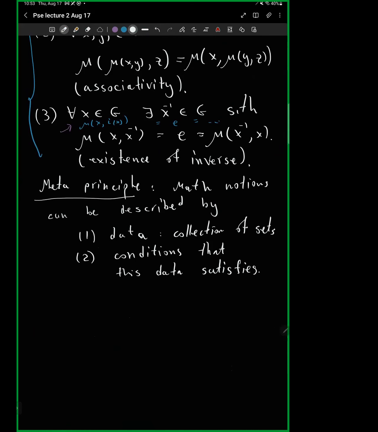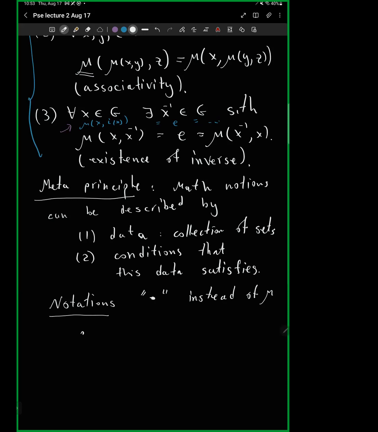So the conventions in the notations: I am not going to write mu. It's too cumbersome to write mu all the time. So we write dot instead of mu.